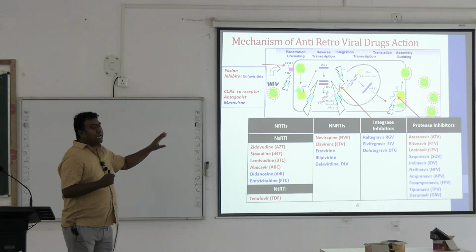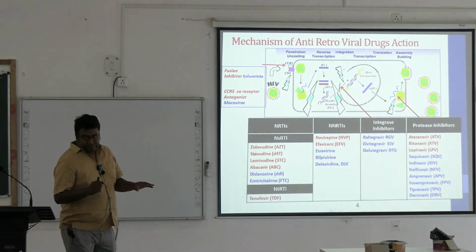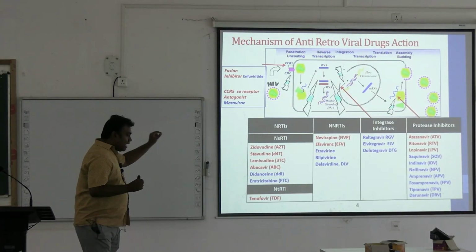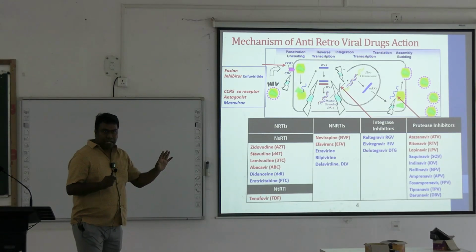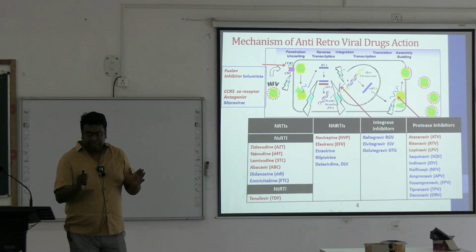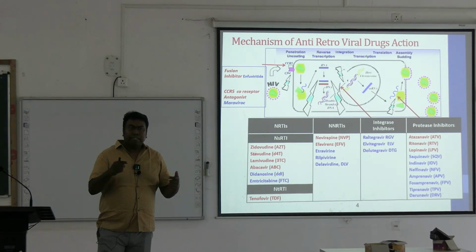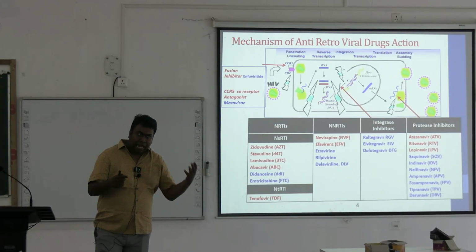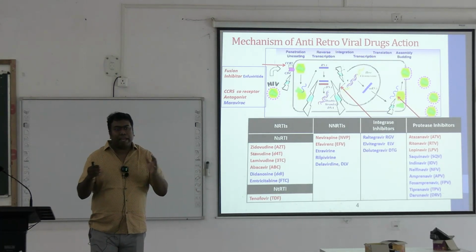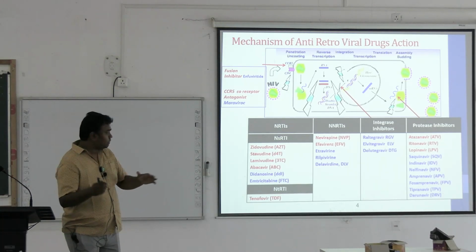After that, there are nucleoside and nucleotide inhibitors. There are three types, and you have to remember this. The name says that they inhibit reverse transcriptase. Reverse transcriptase is the enzyme that makes a double stranded DNA from the RNA portion of the HIV virus before integration.